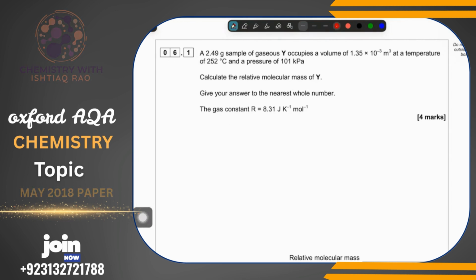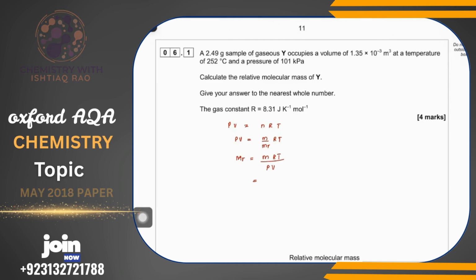When PV equals nRT and n is the number of moles, so mass over MR into RT, that will be PV. So MR is the unknown, so it would be mRT over PV. You have to put all the values in this equation, then you will be getting an MR finally. Right. Okay. Got it.